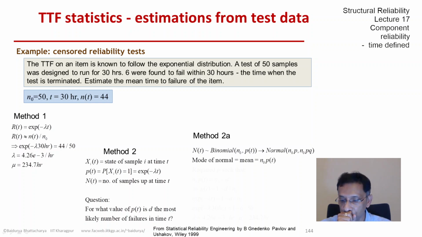So because in the normal the mean is equal to the mode, the mode is the most likely value. So basically we are asking the question, what makes the observed number of survivals the mean or the mode of this distribution, because we have defined p as the survival probability.